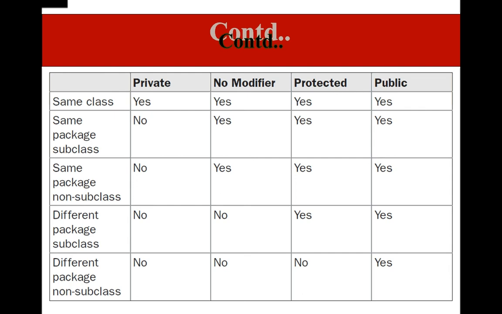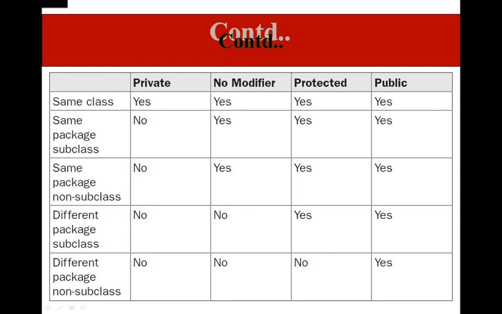Same package, non-subclass: private anyhow we can't, but we can access default, protected, public members. Different package but subclass: private anyhow no. Default we cannot access. The scope of default is that you can access it only within the package.